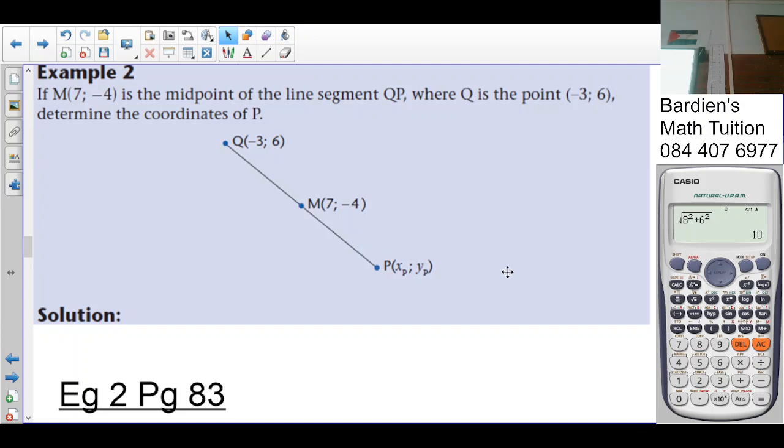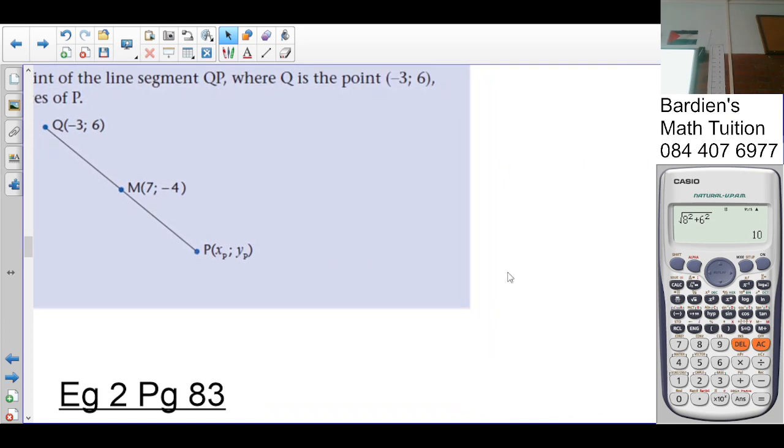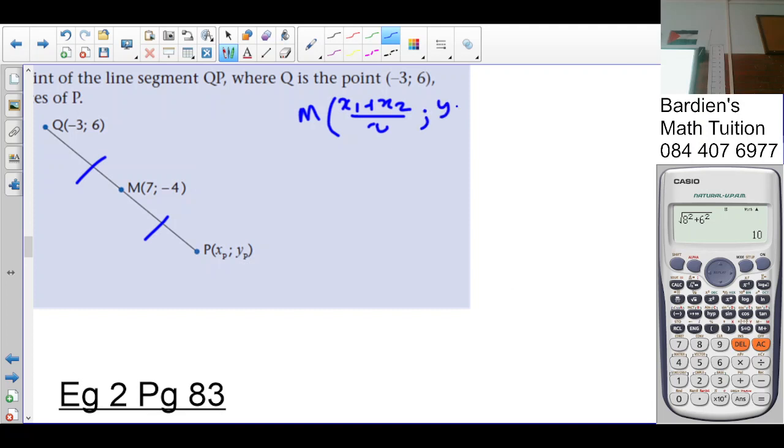Now, we said this one's a bit different, as the midpoint is given. So again, we write down the formula. The midpoint is going to give you (x1 plus x2) over 2 and (y1 plus y2) over 2. Once this is worked out, we actually get the x mid and the y mid.